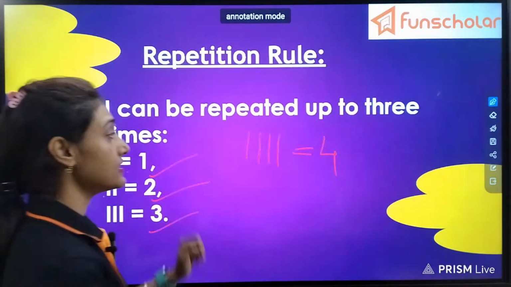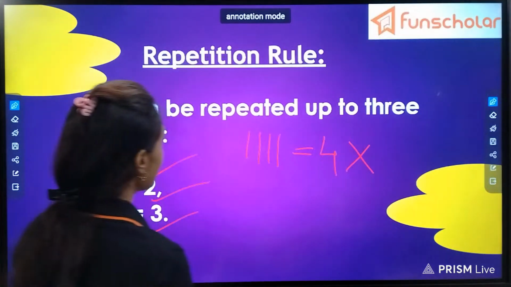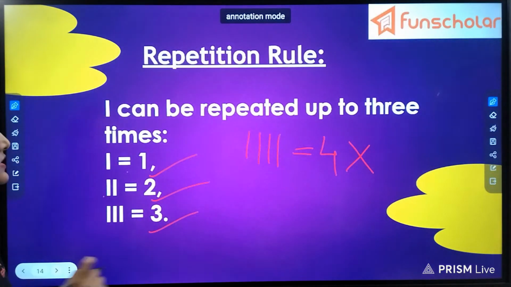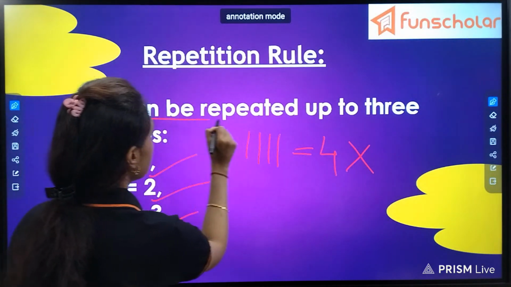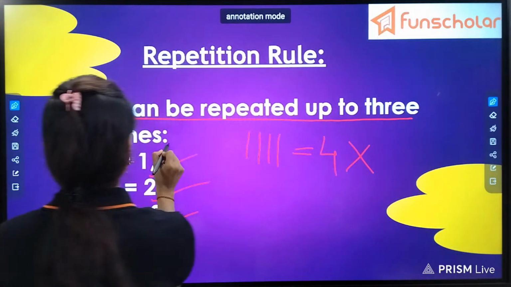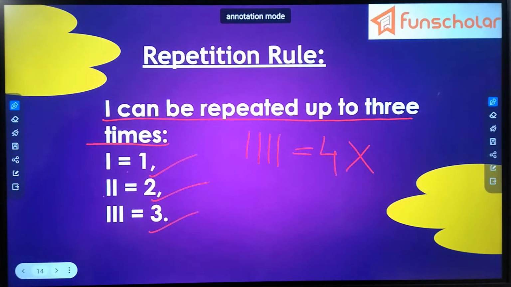Yes, you are right. It is not correct. Why? Because the repetition rule says I can only be repeated up to 3 times. Done? If you want, you can take a screenshot.